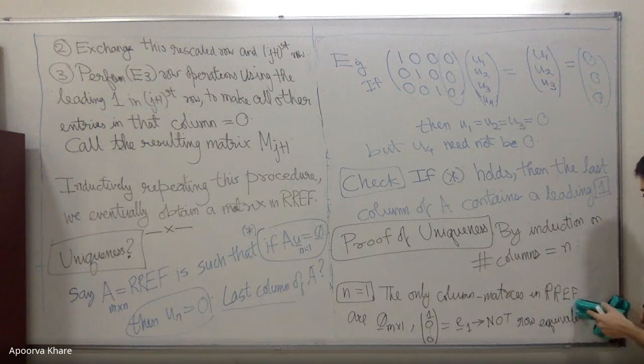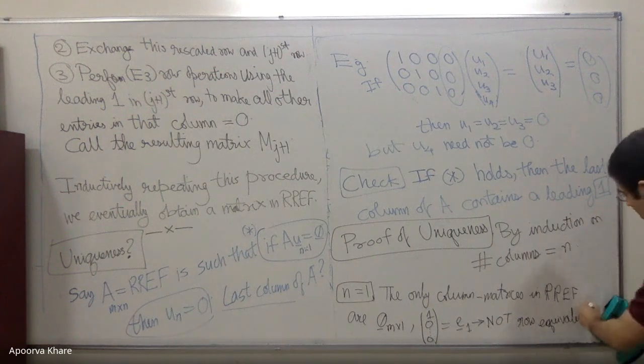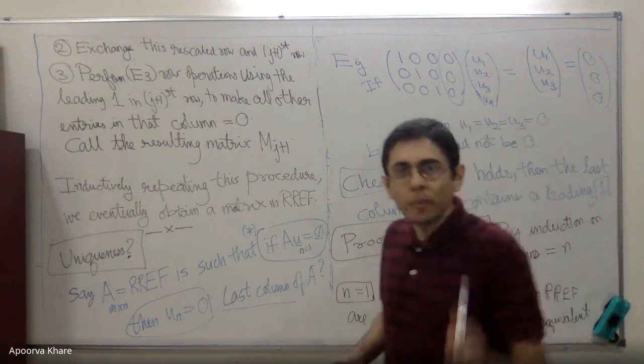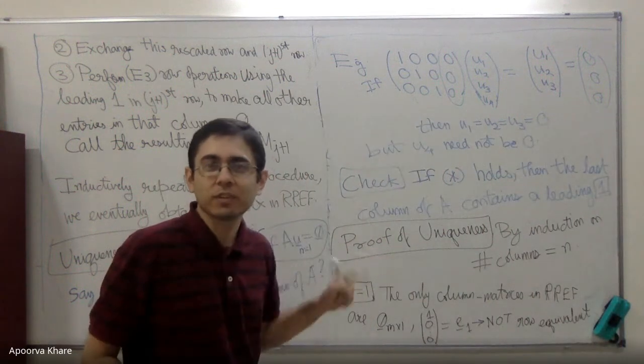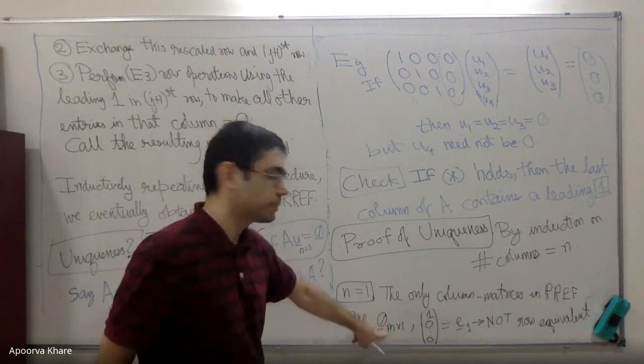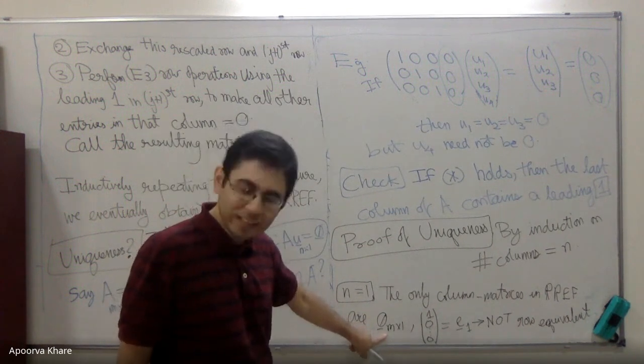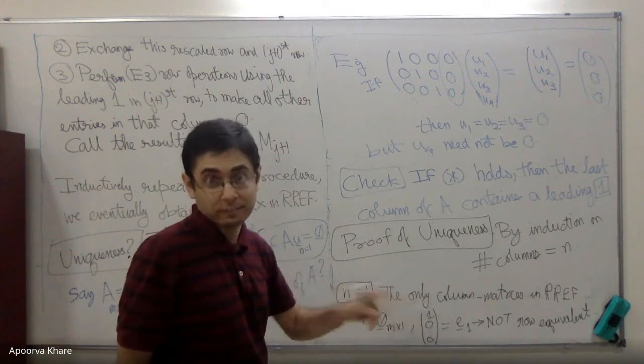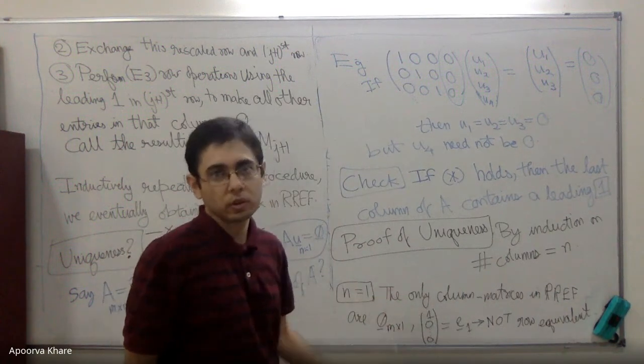If anything, you can ask what matrices are row equivalent to a zero matrix. And the answer is no matter what row operations you do, starting from a zero matrix, you will always get only the zero matrix. So this matrix cannot be row equivalent to anything that's non-zero. And that's the equivalence relation. So these are not row equivalent.